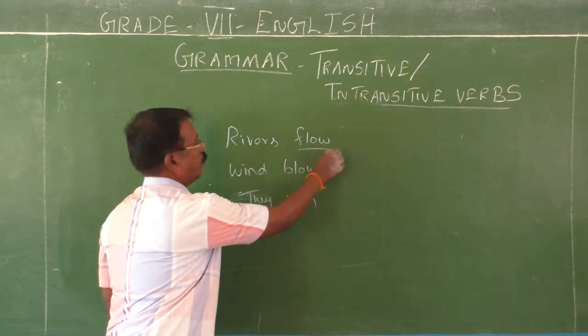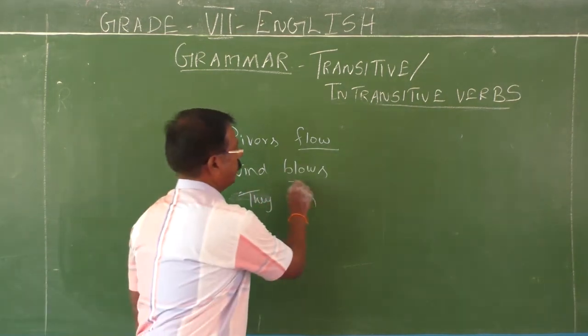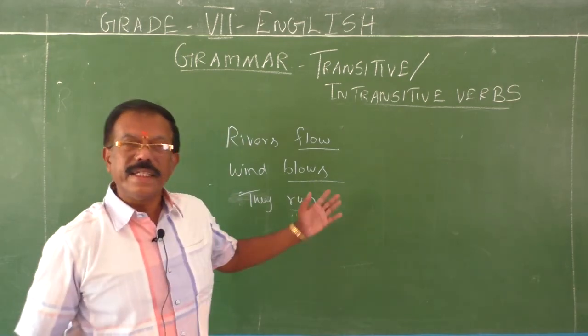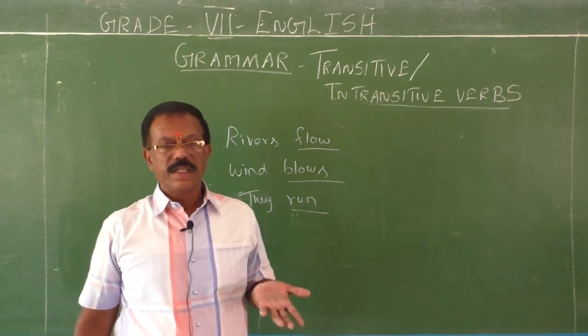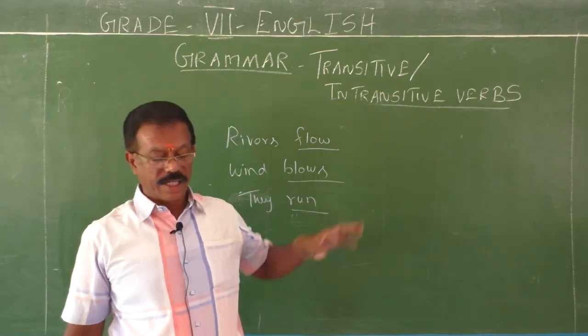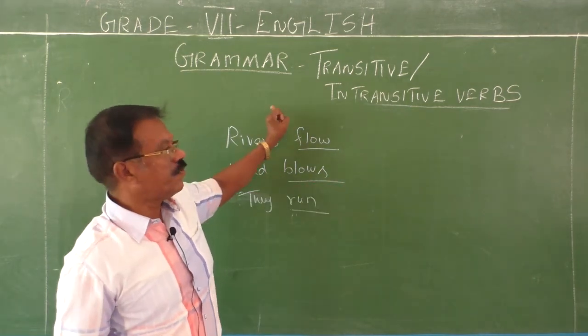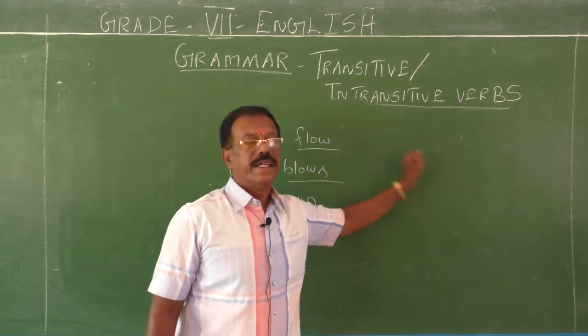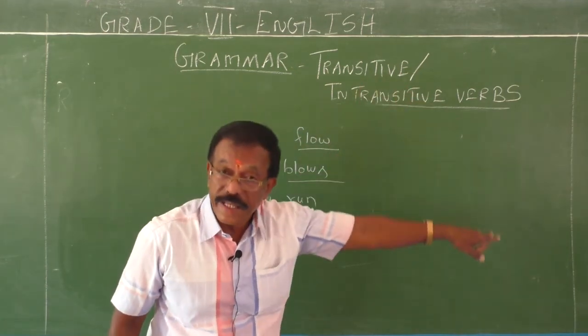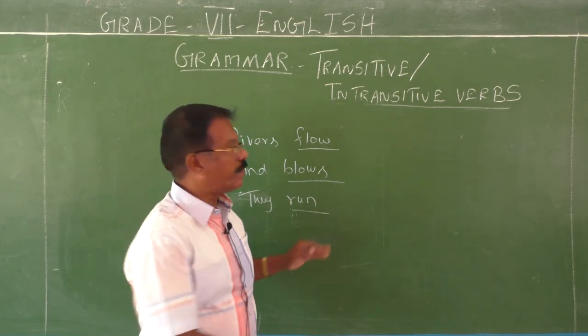Flow, blows, run, they are intransitive verbs. They complete the sense. Therefore, they are called the intransitive verbs of complete predication. So, transitive verb of complete predication, transitive verb of incomplete predication, intransitive verb of complete predication.